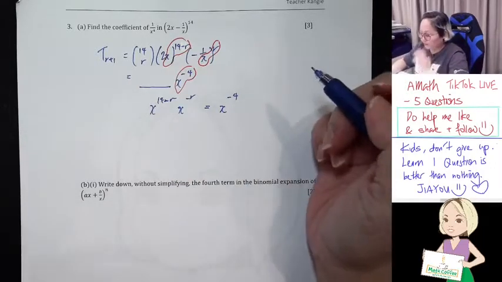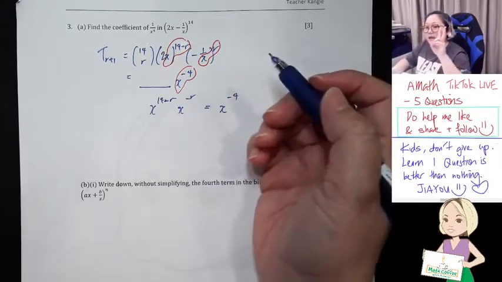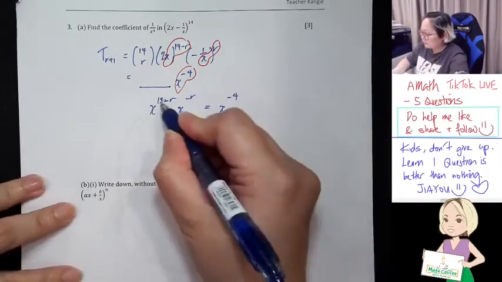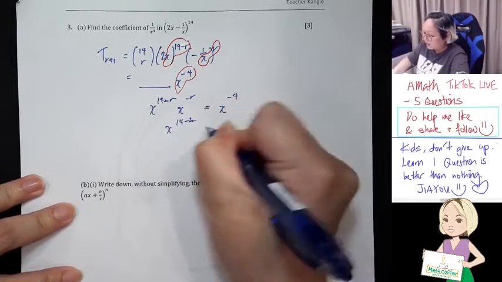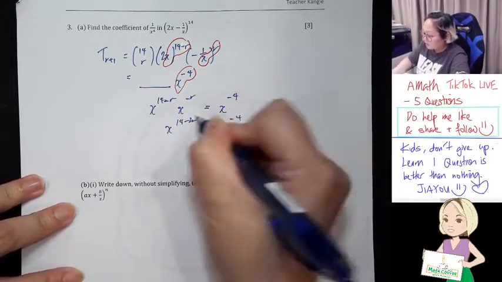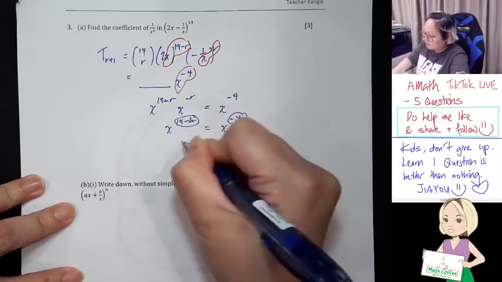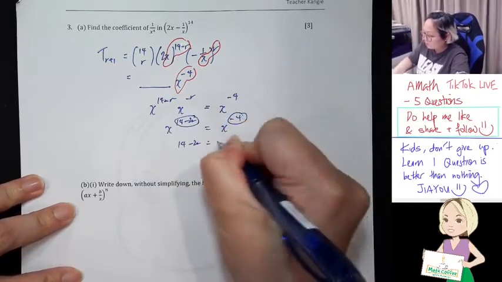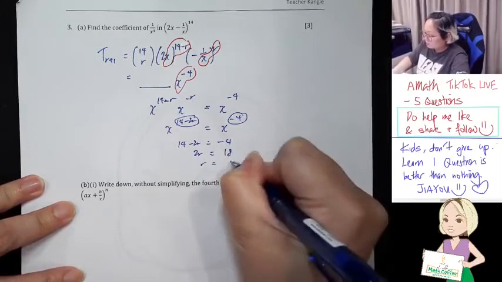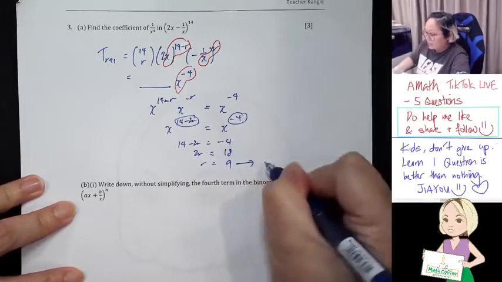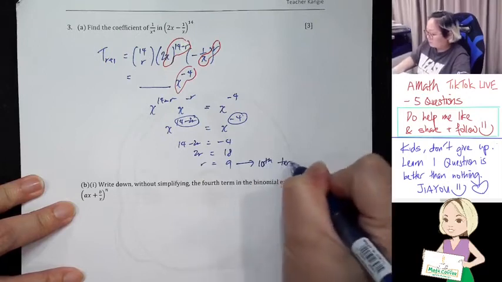Then I have to use indices, so 14 minus r, that means x to the power of 14 minus 2r equals x to the power of negative 4. So now you just need to make the equation 14 minus 2r equals minus 4. So 2r equals 18, r equals 9. When r equals 9, that means I want to find my 10th term.